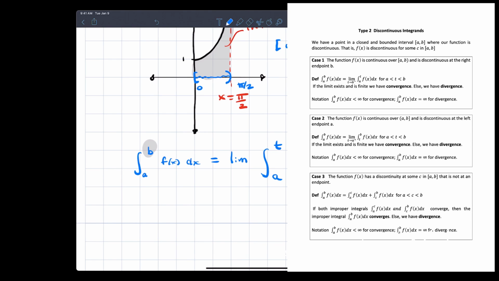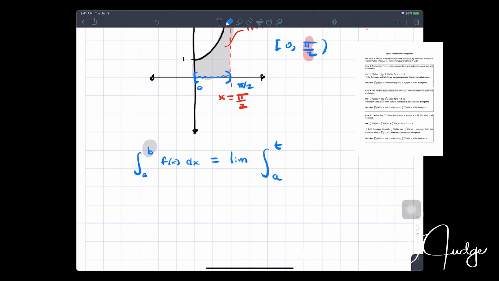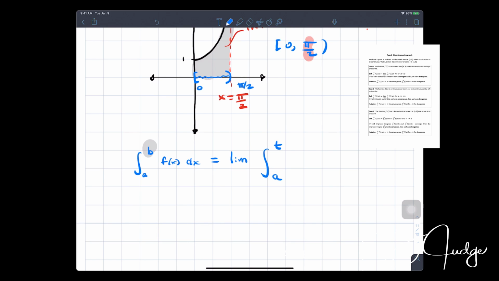Okay, we replace it with the t. I have my function f dx. Now, be careful here. As you guys know, t is going to have to approach b. But t is going to approach b from what direction?